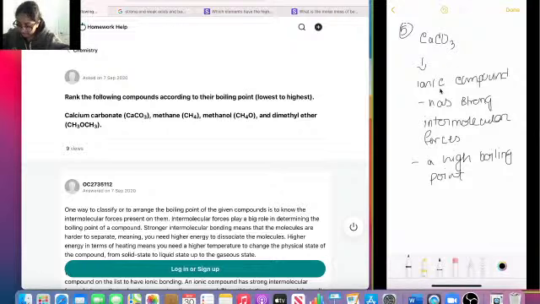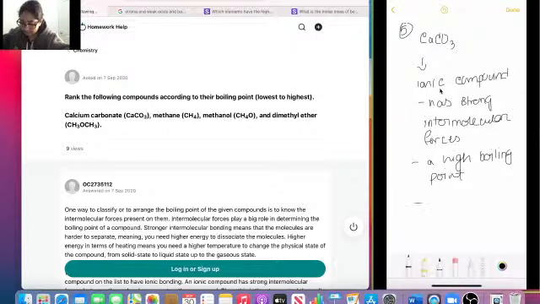If you look at the other compounds here, calcium carbonate is the only one that is an ionic compound.